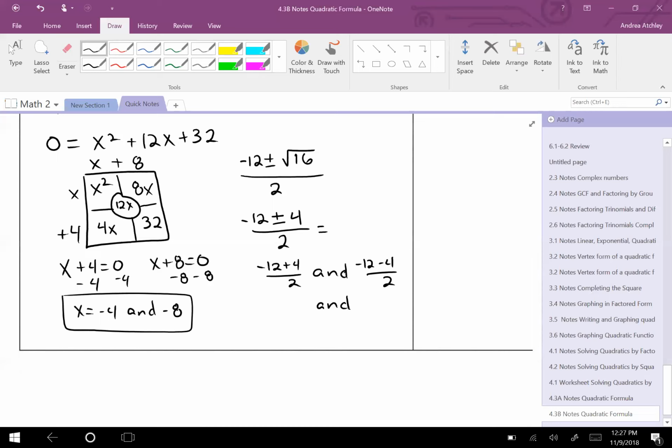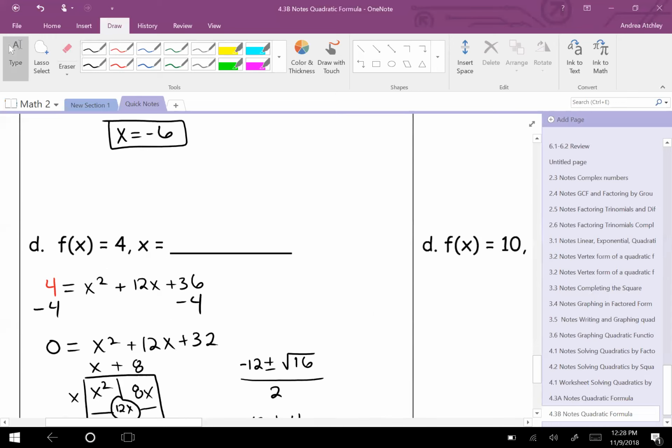Okay. So negative 12 plus 4 is negative 8 over 2. And then negative 12 and negative 4 is negative 16 over 2. Negative 8 divided by 2 is negative 4, and negative 16 divided by 2 is negative 8. Any questions over that? We got it? Okay, next one.